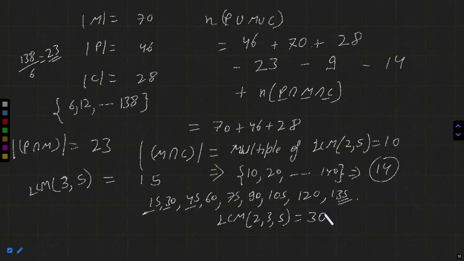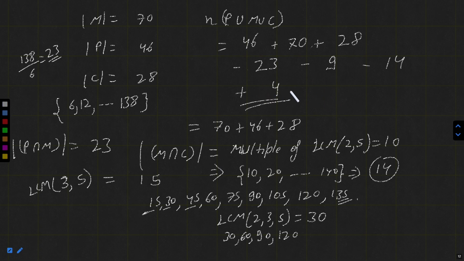So the cardinality for this: 30, 60, 90, 120. Okay, simple. 30, 60, 90 and 120. So the number is 4. Okay, so the number is 4.